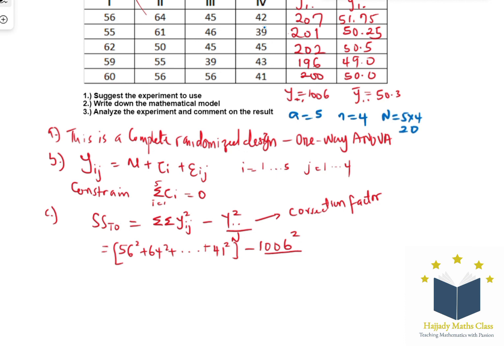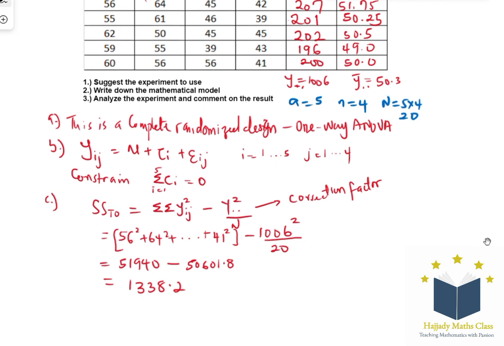So summing up the observations, I'm going to have 51,940 minus the correction factor, 1006 squared over 20, which gives 50,601.8. So my SS total gives 1,338.2. That is my SS total.